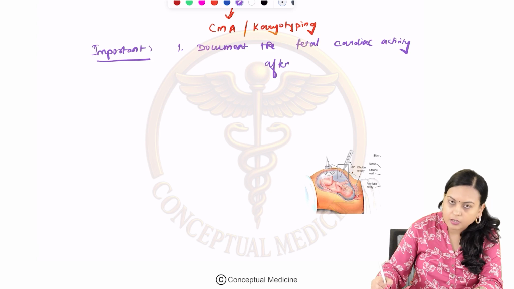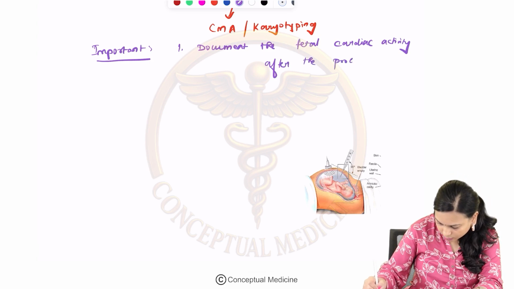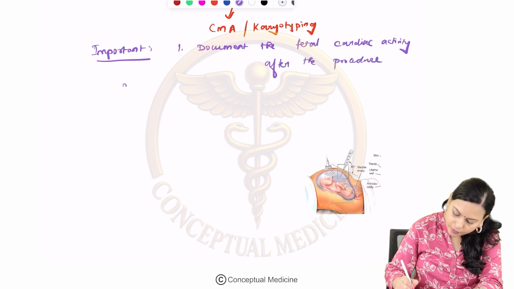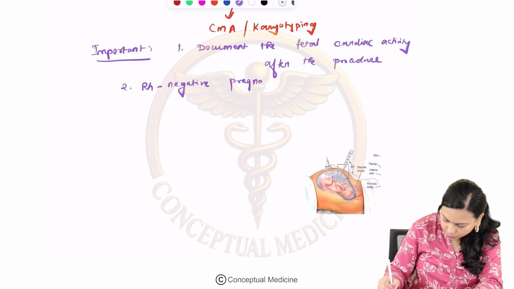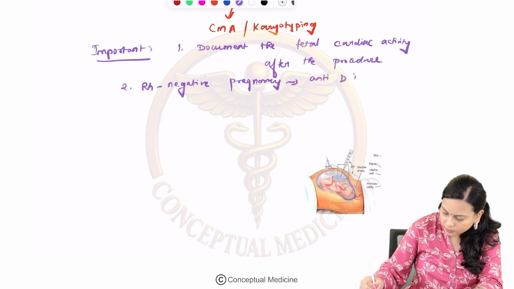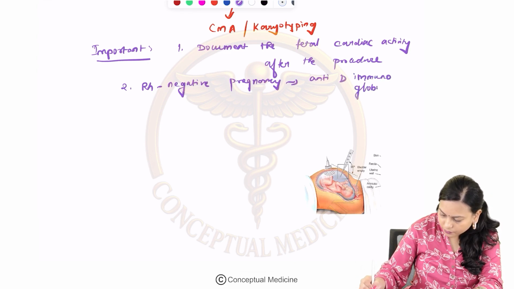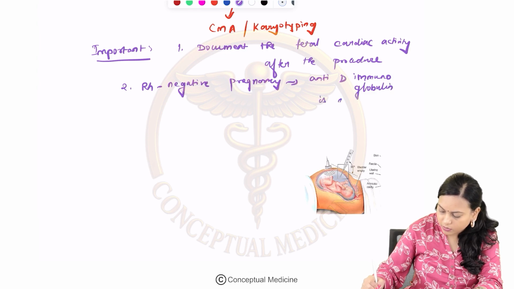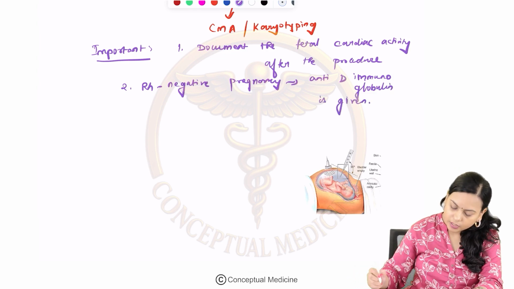after the procedure. Okay. And suppose if the mother is RH negative, that is if it was a case of RH negative pregnancy, you have to give anti-D immunoglobulin also. Okay, this also has to be given. Understood?